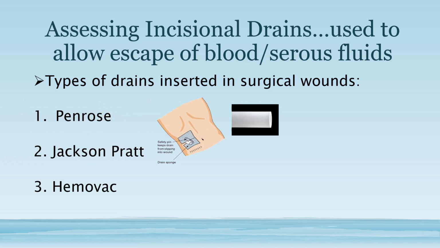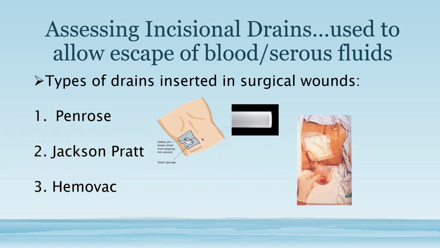A Jackson Pratt looks like a grenade. In order to empty it, we open the spout and empty it into a cup. I prefer to use a sterile cup in this instance. You squeeze out the air and the fluids, keep it squeezed in your hand, and then put the spout back in.